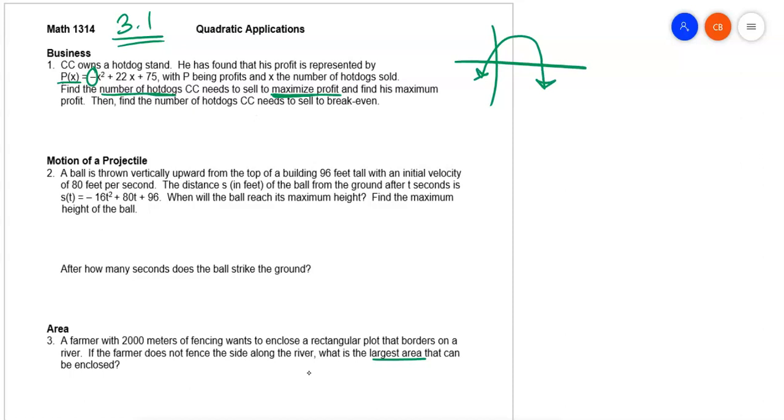It's going to have a vertex, and this vertex is where the maximum y value is going to happen.